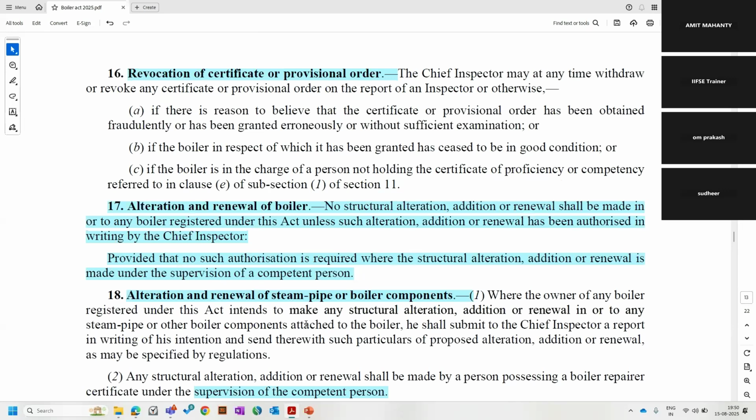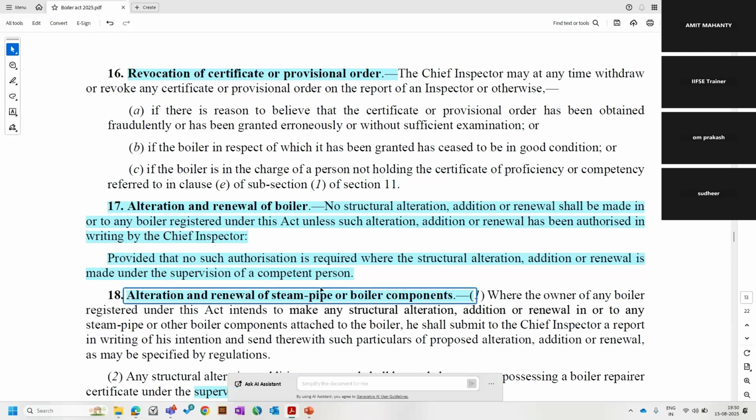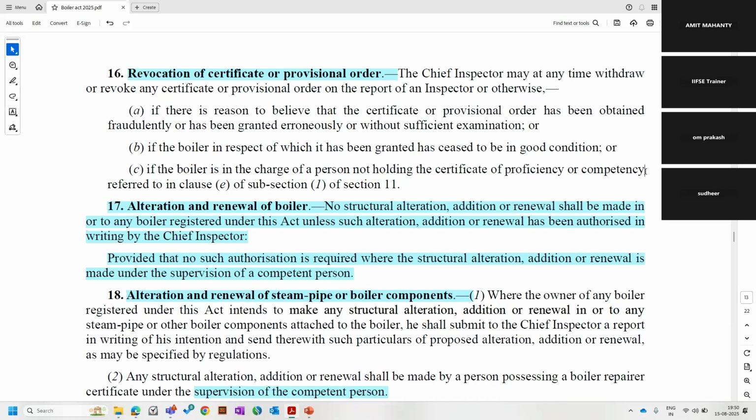If there is any reason to believe that the certificate or provisional order has been obtained fraudulently or illegally, or if it was issued without sufficient examinations, or if the boiler granted has ceased to be in good condition, and third, a person is not holding a certificate of proficiency, in these cases he may revoke the certificate at any point of time.